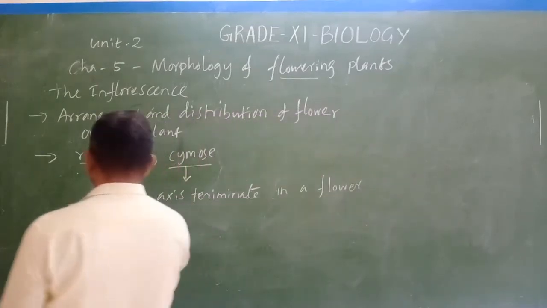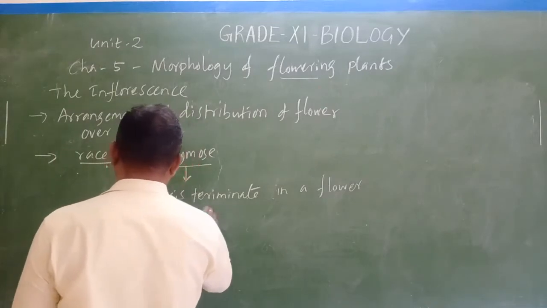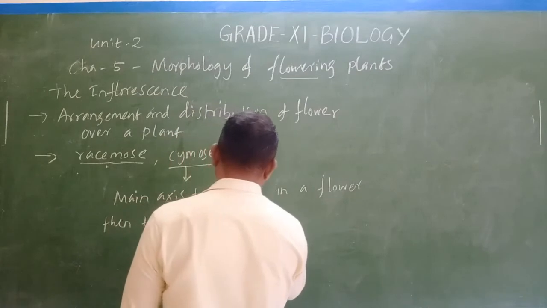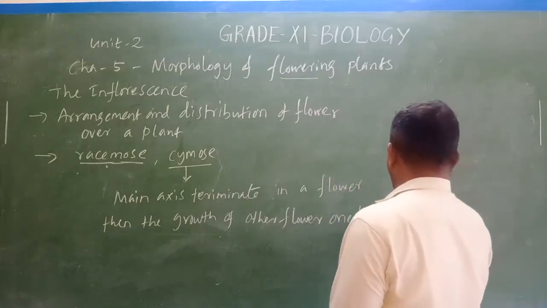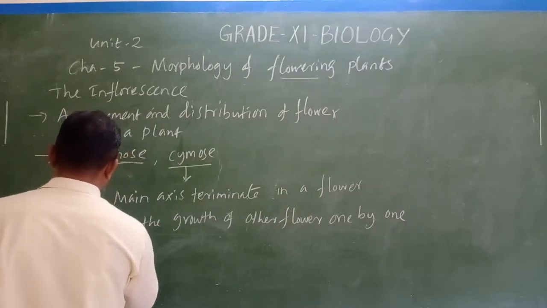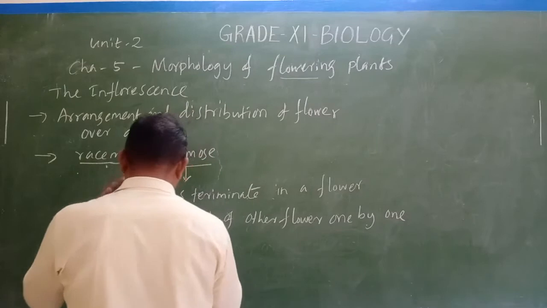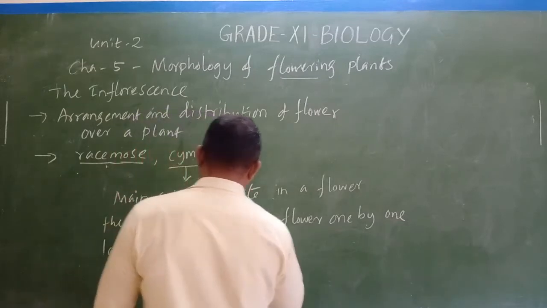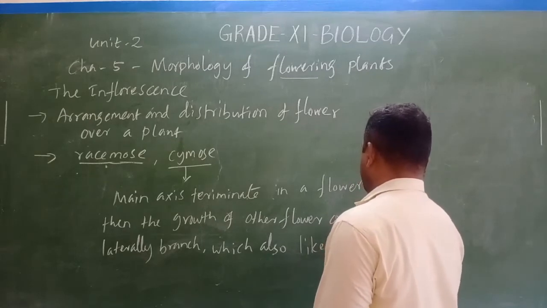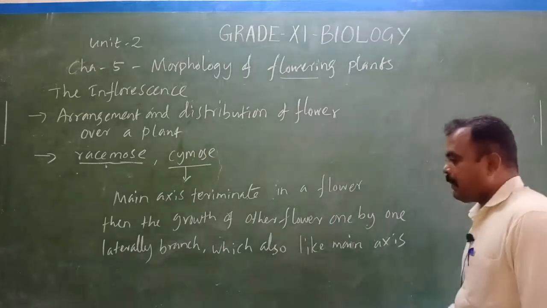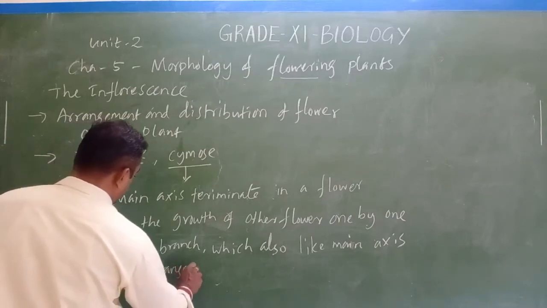Then the growth of other flowers comes one by one laterally, on lateral branches. These branches are also like the main axis, with their own arrangements.